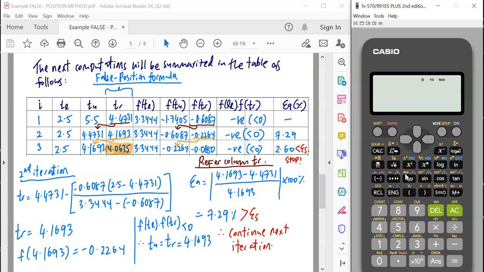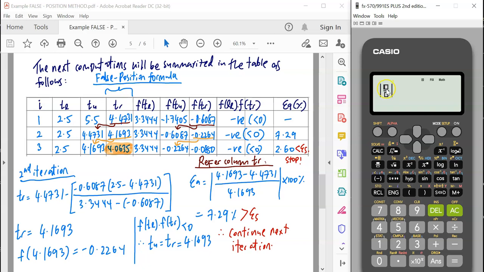So to activate the absolute, you must press shift, and then you press this button here, because it refers to ABS. Now you can see we have the absolute sign displayed on our calculator. We want our calculation in fraction, so again press this one.